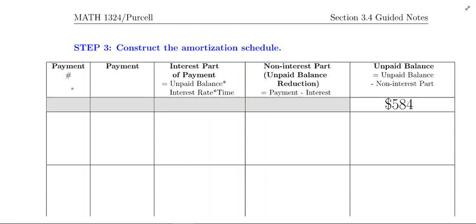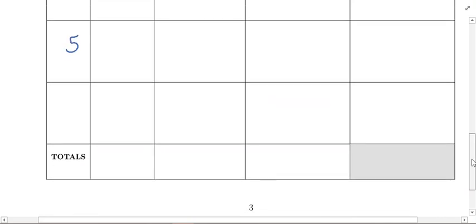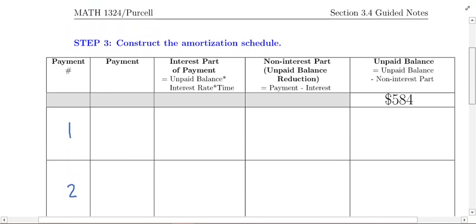So in the first column, I'm going to label the 6 payments: first, second, third, fourth, fifth, and then the last, the 6th payment.